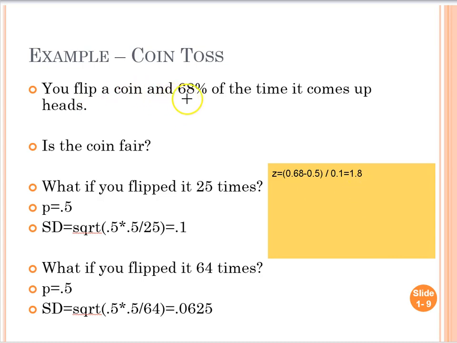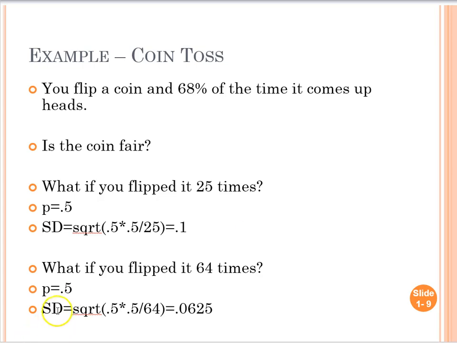So getting 68% heads is 1.8 standard deviations above average. That's not that unusual because remember we said that 95% of samples should fall within 2 standard deviations. This falls within 2 standard deviations, and so it's not that unusual.